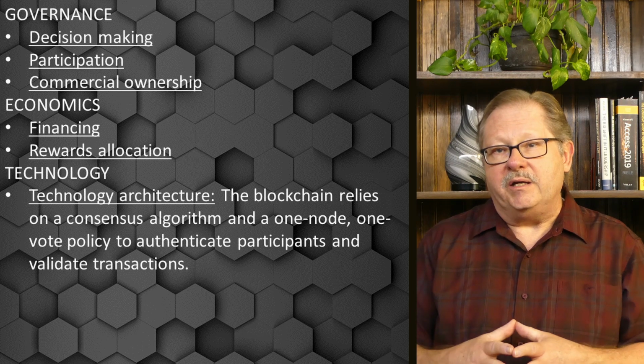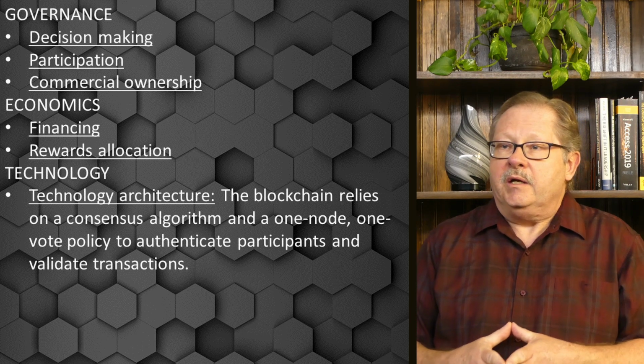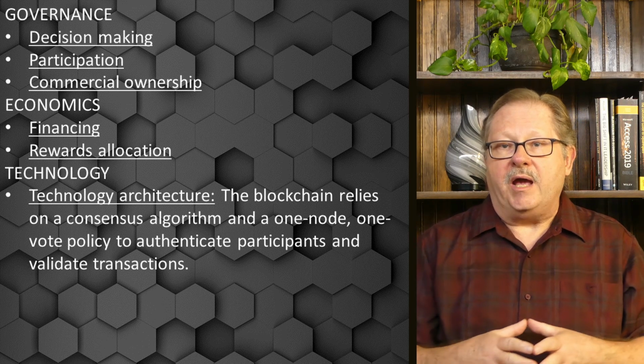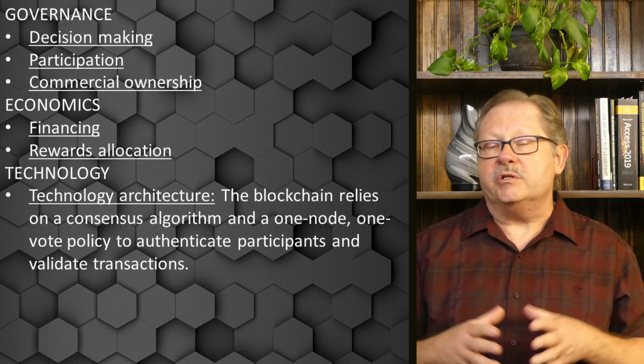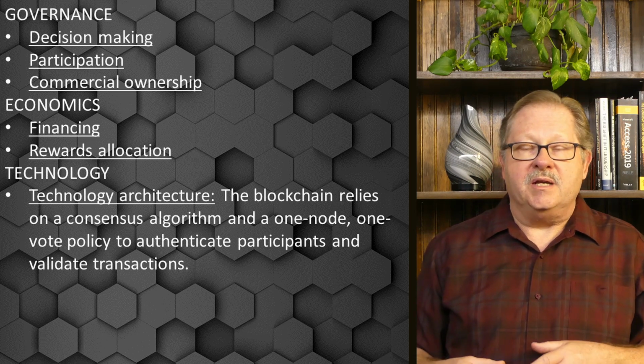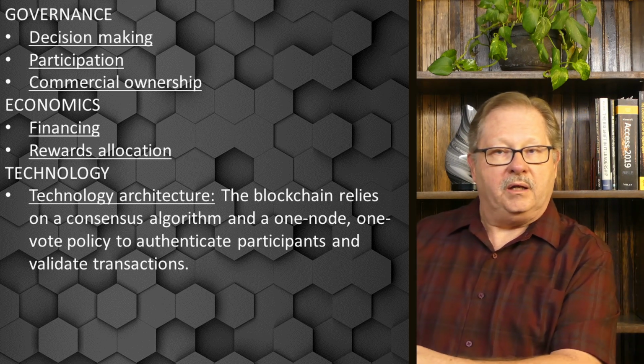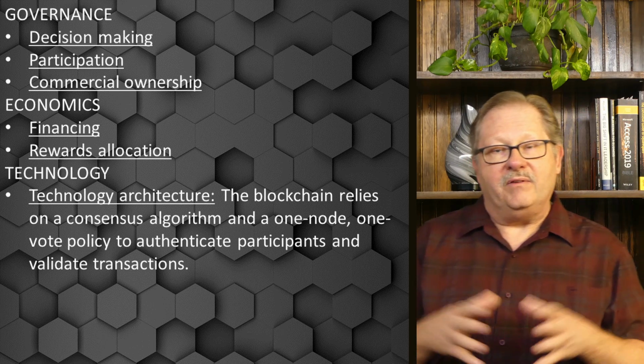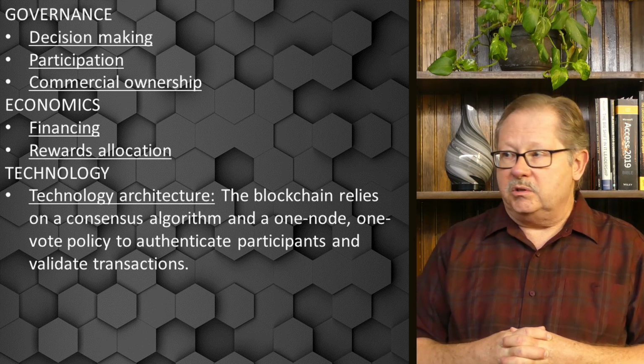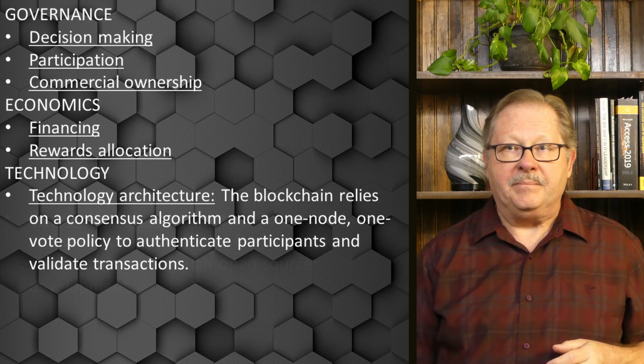You shouldn't be buying yourself into a model where one particular node has more buying power, more voting power, just because they operate 100 nodes and you're only going to be operating one. No one entity should have any more than one vote participating in the blockchain.